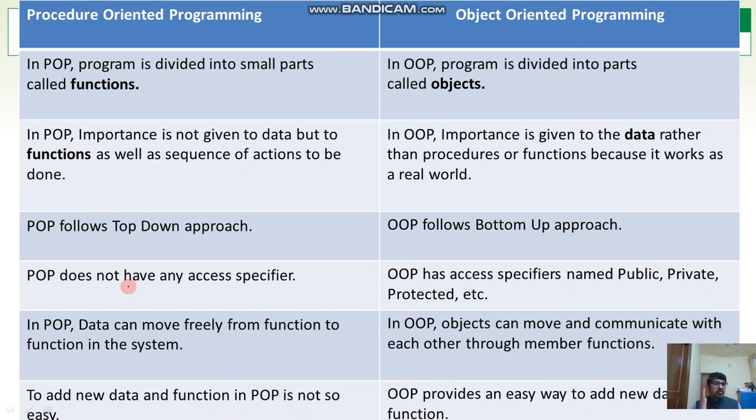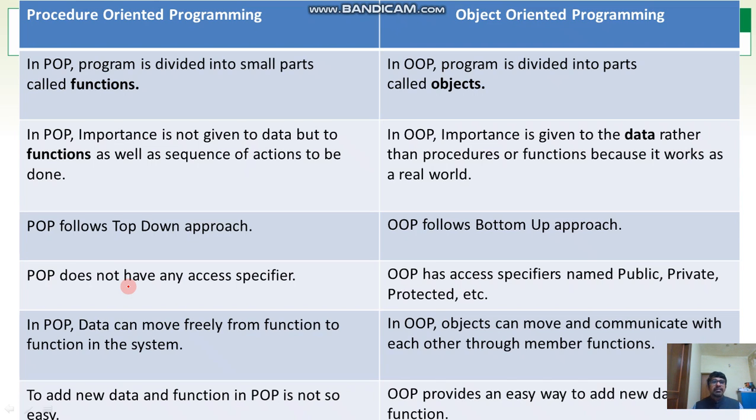So let me repeat. The first one is divided into functions in case of POP, whereas OOP is divided into objects. The first one uses top-down approach, the second one uses bottom-up approach, and security is more in case of object-oriented programs.